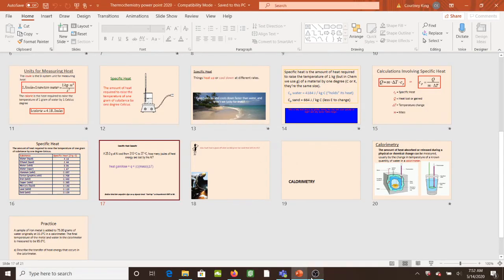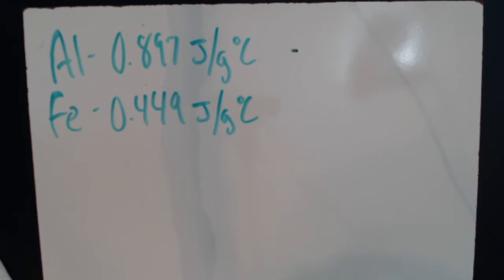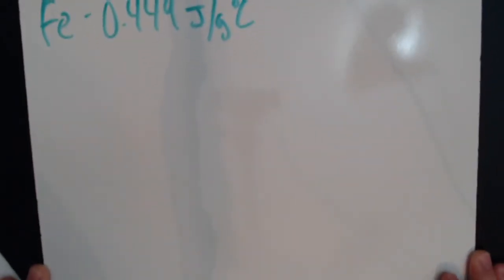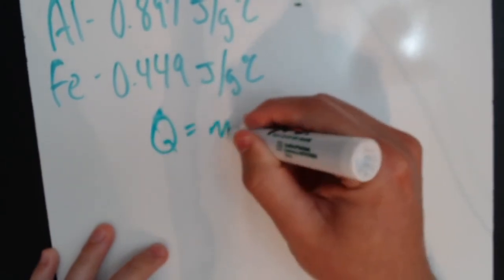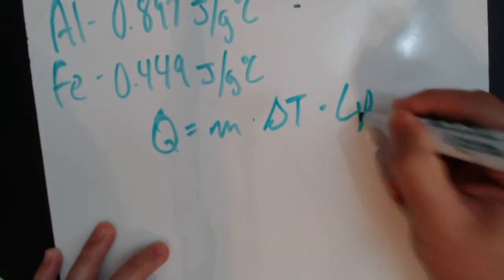Alright, so let's flip over to my whiteboard and I'll work this out there. Okay, there it is. Took me a minute. Alright, so I went ahead and wrote down the equation. Q is equal to mass times delta T times CP.